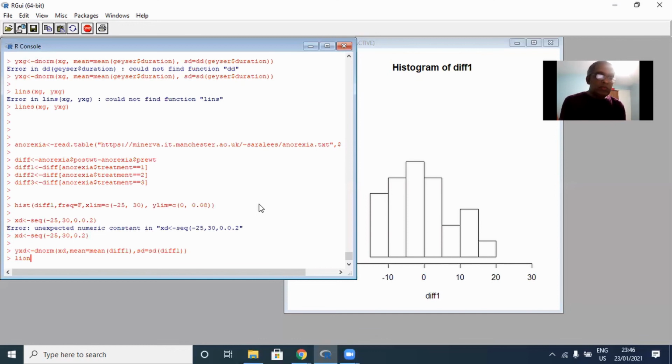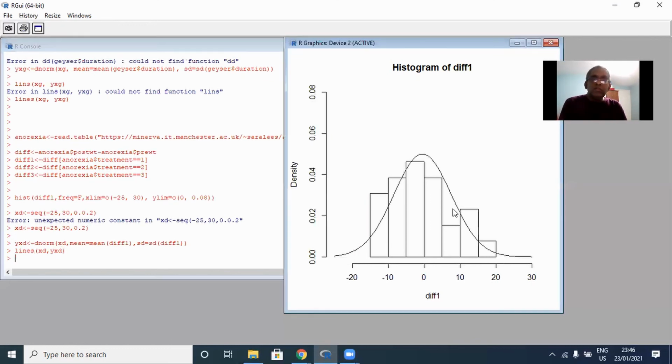Right, then you do the lines command, xd, yxd. Right, you see this is what you get. The fit is not really bad, but you wouldn't say it is perfect, right?